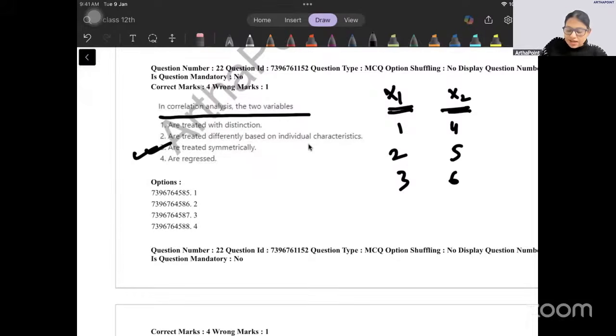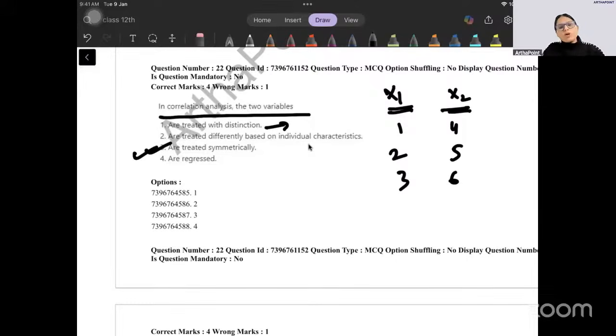So when they say with distinction, माने are you giving them different respect? क्या आप ऐसा बोल रहे हो कि एक की ज्यादा वेटेज है और दूसरे की कम है? Are you saying variable x1 is more important to me, or that variable x1 is independent and x2 is dependent? No. In correlation, independence, dependence, ये सब matter नहीं करता.